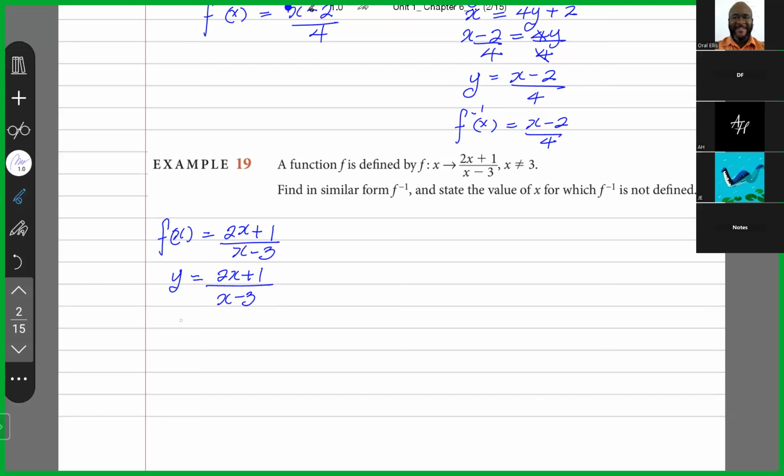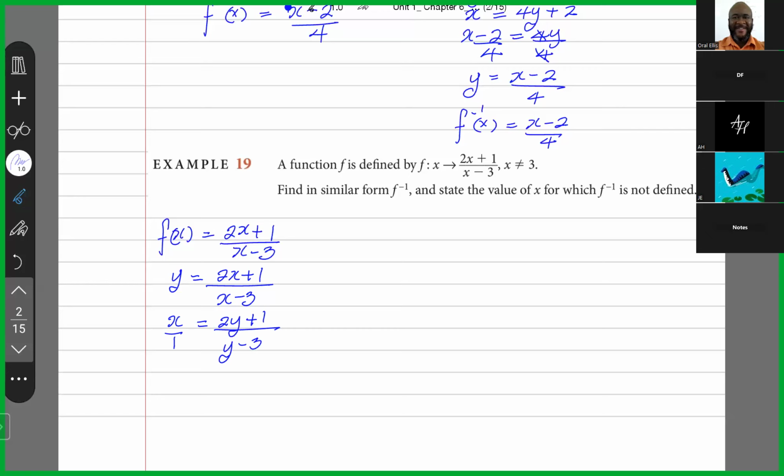Step 2, interchange x and y. This is the most important step. Wherever you see x, put y. Wherever you see y, put x. Now, step 3 is to make y the subject again.